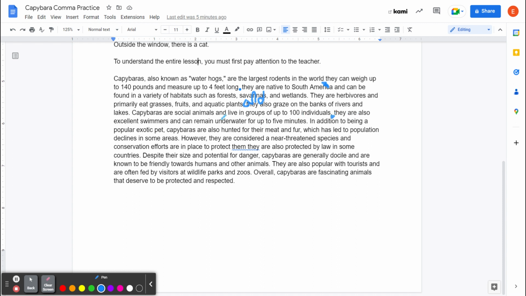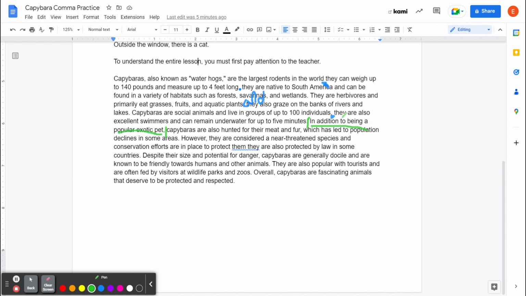Okay? In addition to being a popular exotic pet, capybaras are also hunted for their meat and fur, which has led to population declines in some areas. Okay, so one thing that you should pay attention to as you look at this sentence: In addition to being a popular exotic pet, well, if you go back up, you'll notice that this is an introductory phrase.